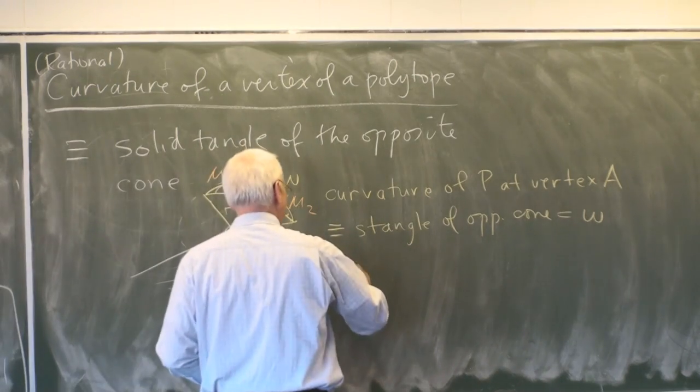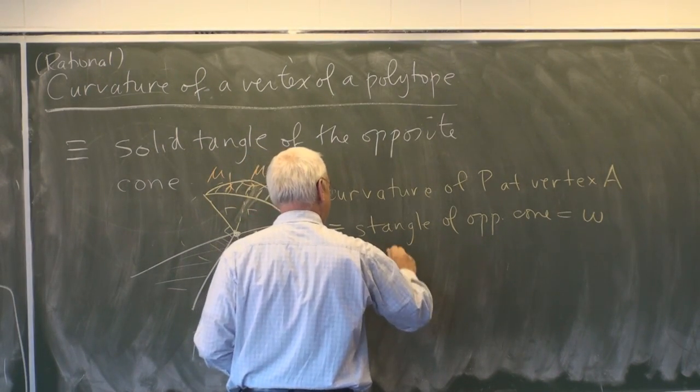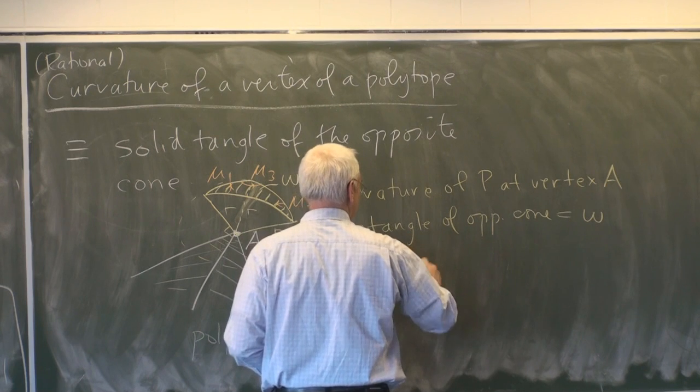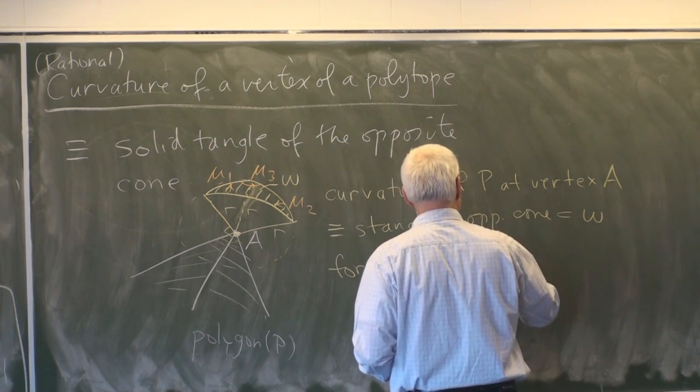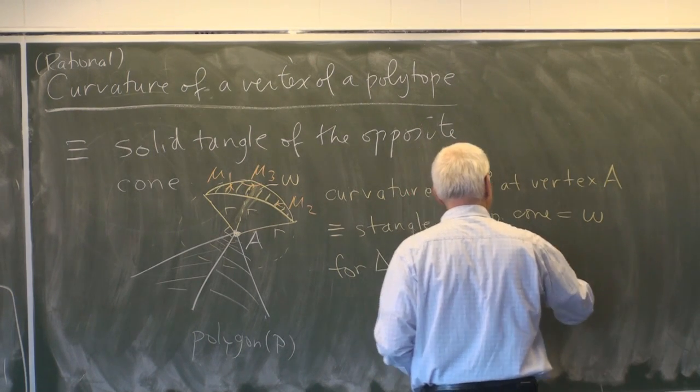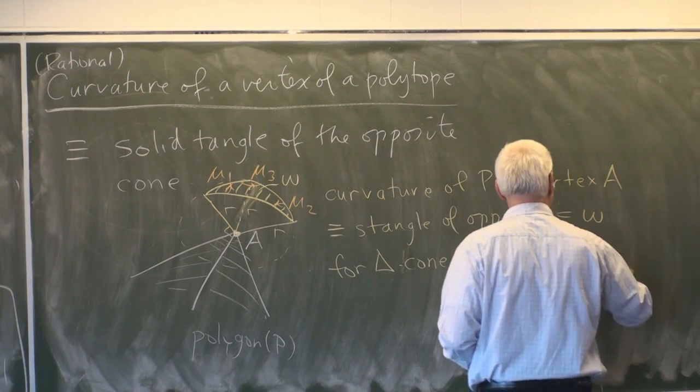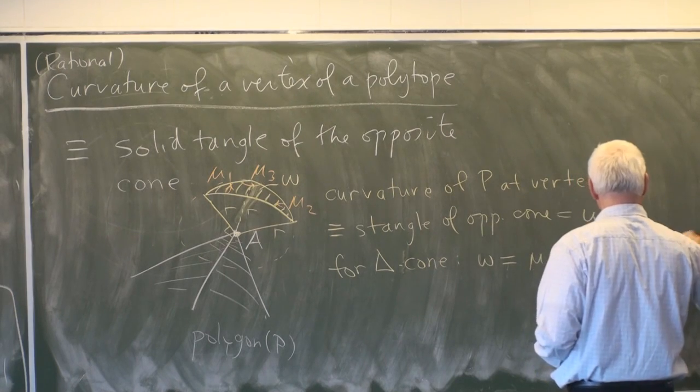So for a triangular face or triangular cone, mu is equal to mu1 plus mu2 plus mu3 minus a half. That was Harriot's formula.